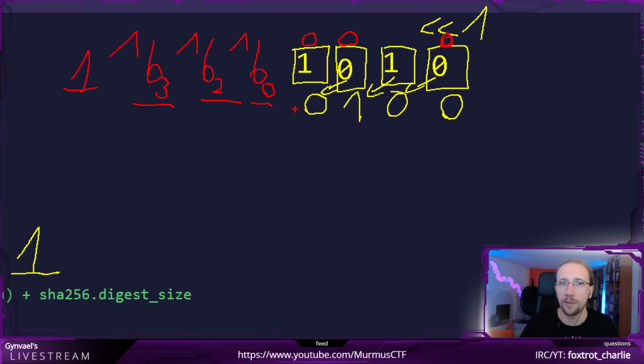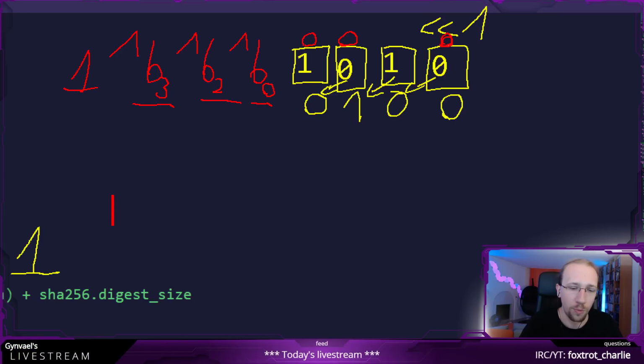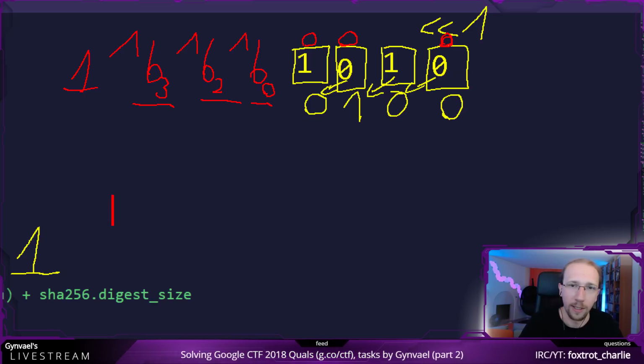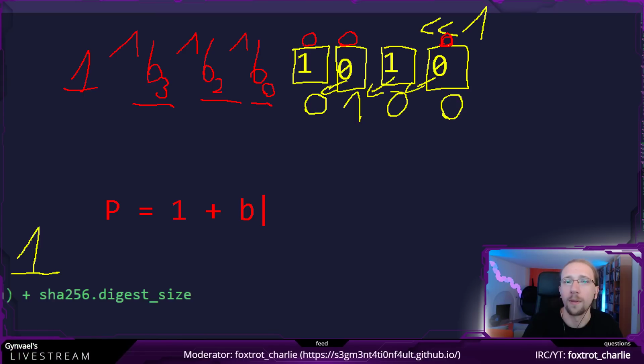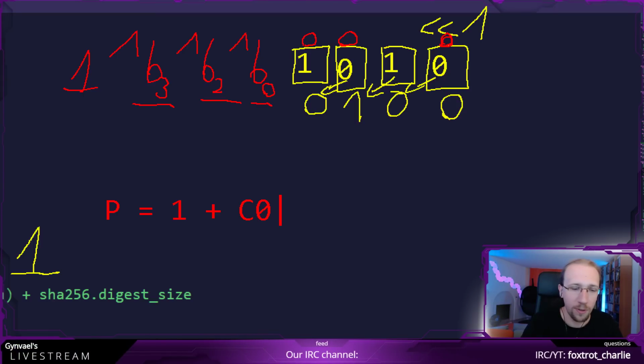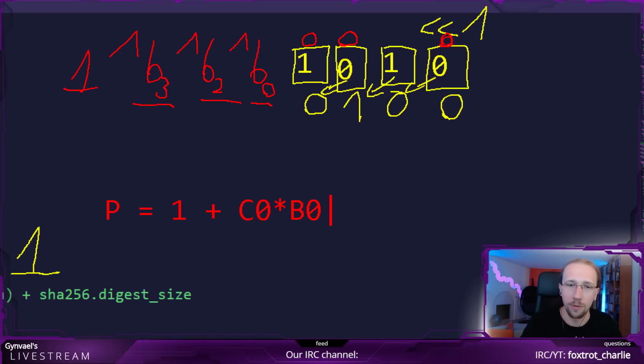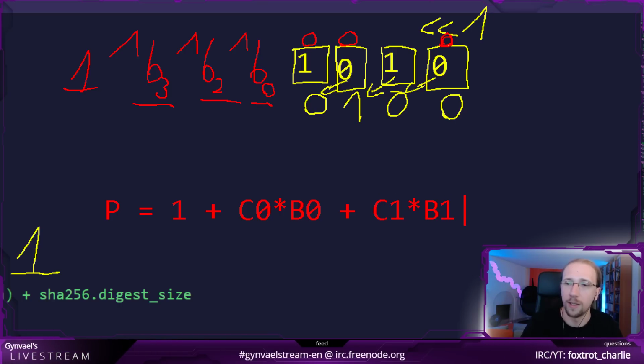So the polynomial, because you can write the same in the form of a math equation, which would be p equals 1 plus, well, let's do it like this: c0 times b0 plus c1 times b1 and so on.